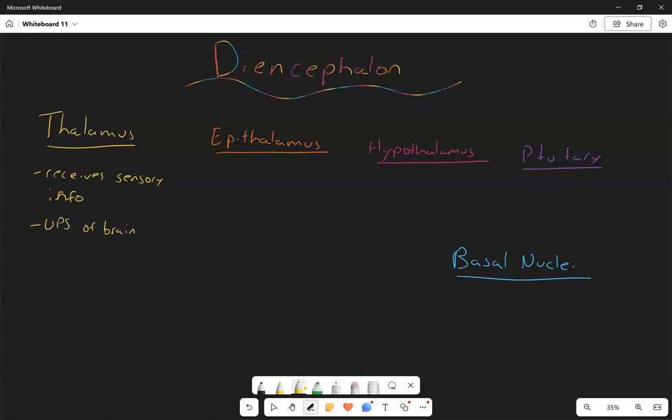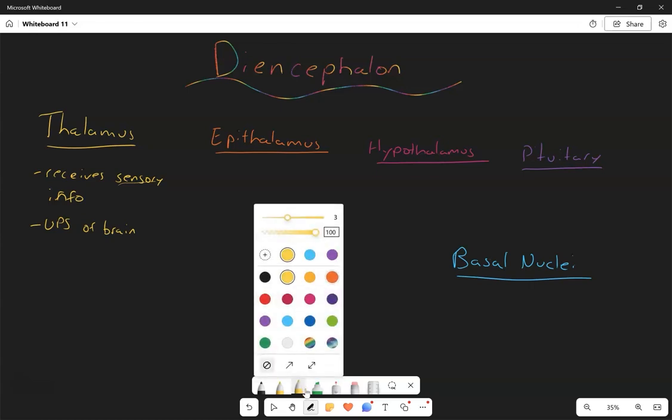It receives all of this information, usually sensory information from sensory neurons, as well as information from the cerebellum, and some feedback from the basal nuclei, right? But its job is to take all of this information, sort it out, and then send it to the appropriate cerebral cortex, to send it where it needs to go.